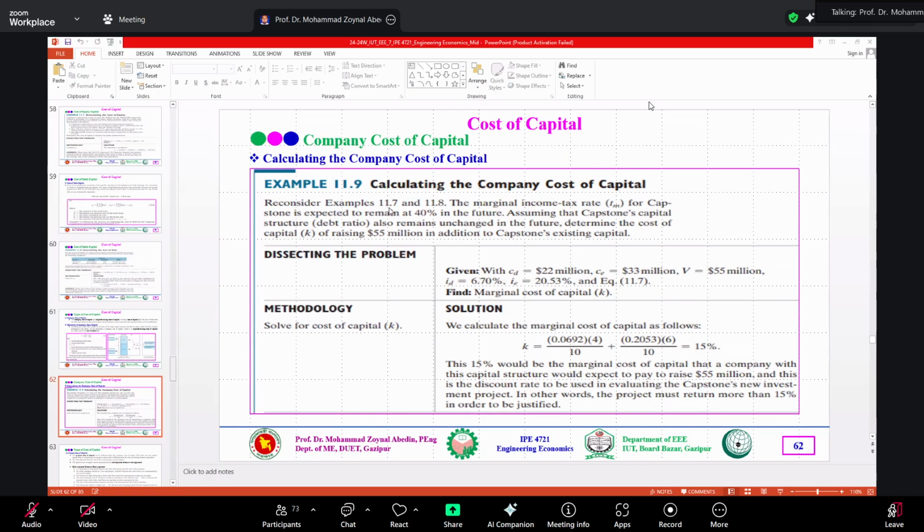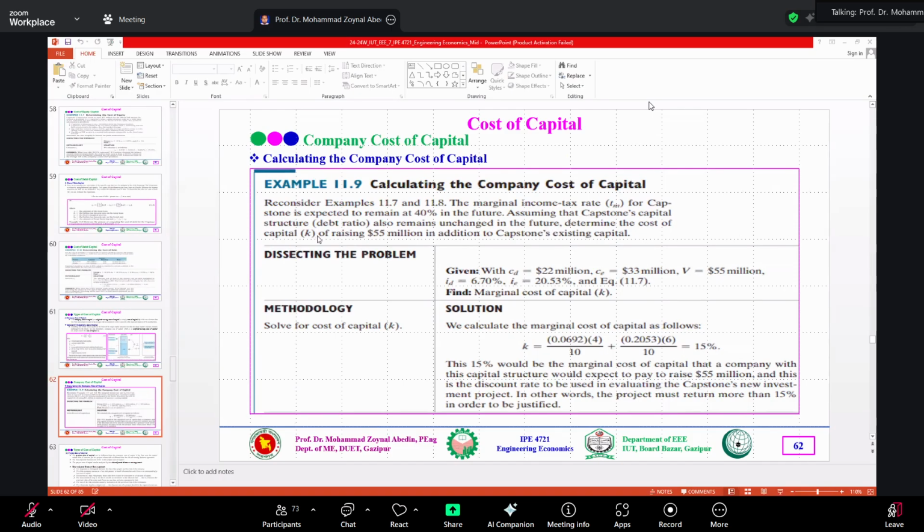Reconsider example 11.7 and 11.8. The marginal income tax rate TM for Capstone is expected to remain at 40% in the future, assuming that Capstone's capital structure, the debt ratio, also remains unchanged in the future.